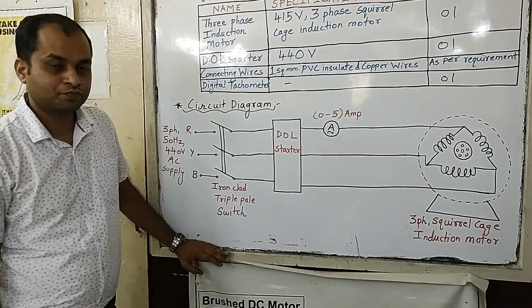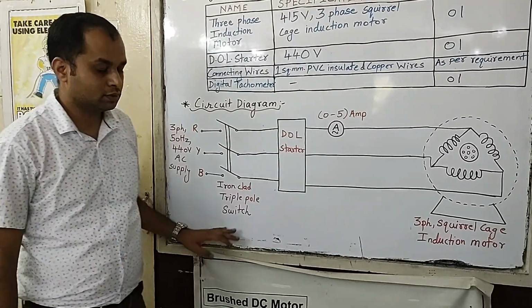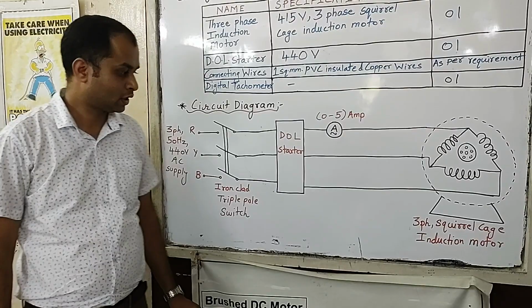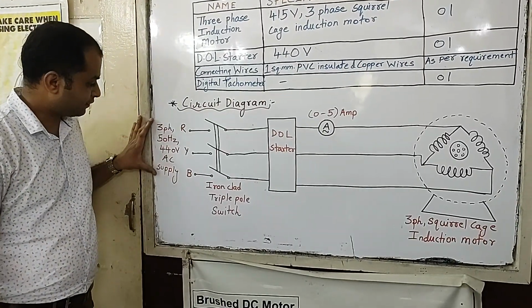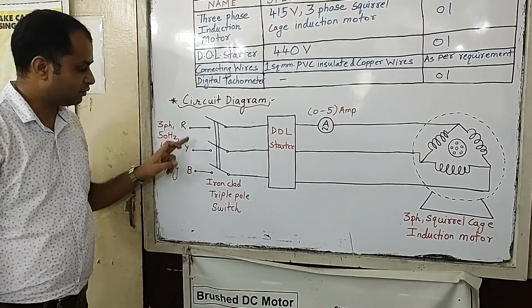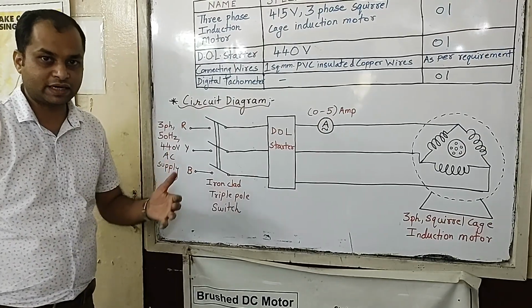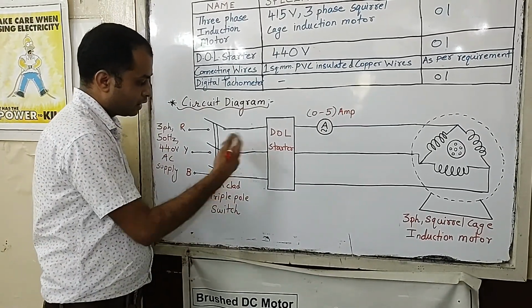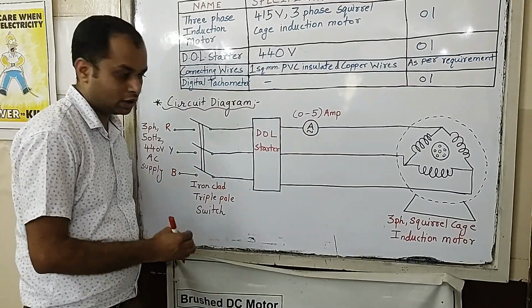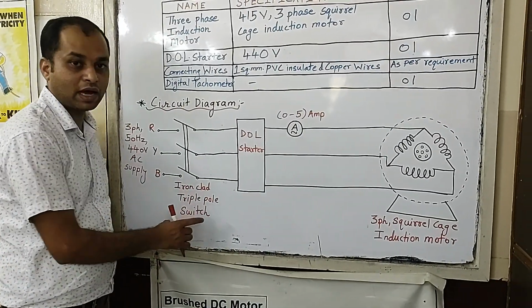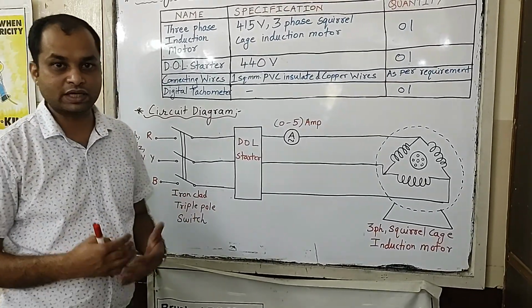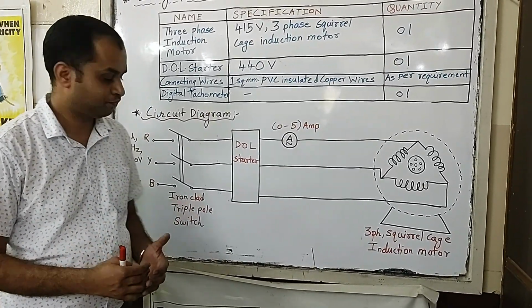So let us go through the circuit diagram for the measurement of slip of a three-phase induction motor. As we have seen, we will use a three-phase supply to excite the motor. The three-phase supply is connected to the motor with the help of an ICTP switch, but instead of that we will be using a 3-pole MCB.